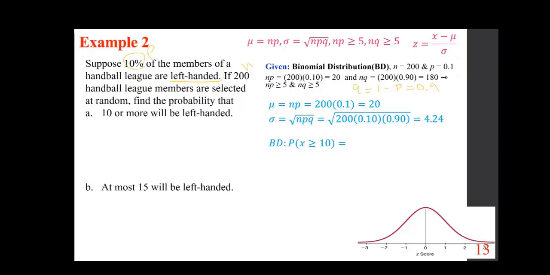Look at the endpoint for binomial distribution, namely 10. This does include x equals 10 because of the equality. And then it goes to 11 and then 12 and all the way to n, which happens to be 200. So when we change it to a normal distribution, 10 shouldn't go away. If you change this to 10.5, 10 won't be there. So you change it to 9.5. And that's really the key.